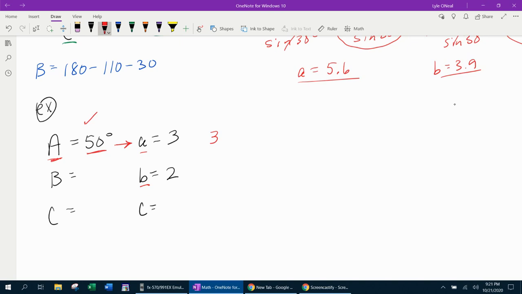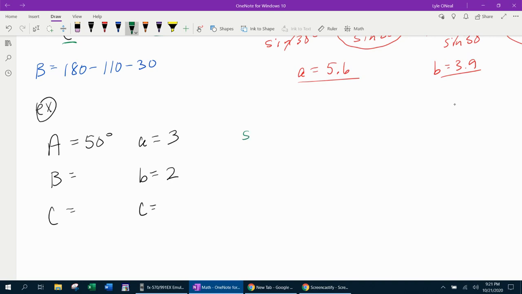Is the opposite side less than the other side? No, it's not. And that means that this is not going to be the ambiguous case. But remember I said anytime you're given a side angle setup, you have to check for that. So we're going to work this as we normally would.